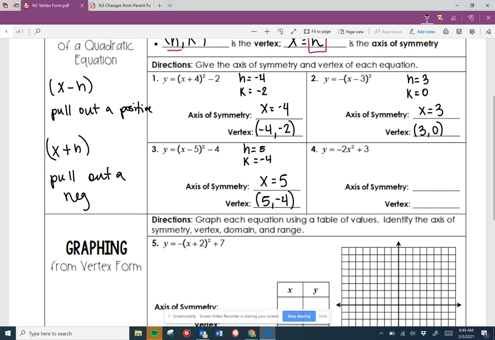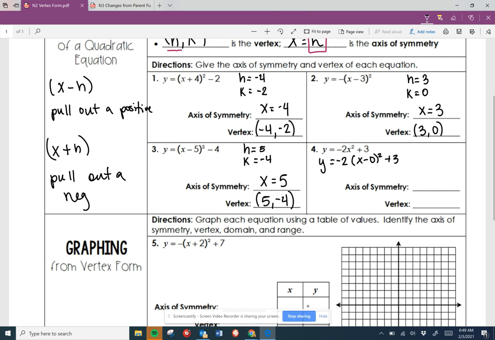Okay, last one, you can see we don't have any numbers in parentheses. So what that would mean is this is the simplified version of negative 2 (x minus 0) squared plus 3. As you know, x minus 0 doesn't really change the x value, and so when we square it, it would just end up being x squared, like you can see up here.